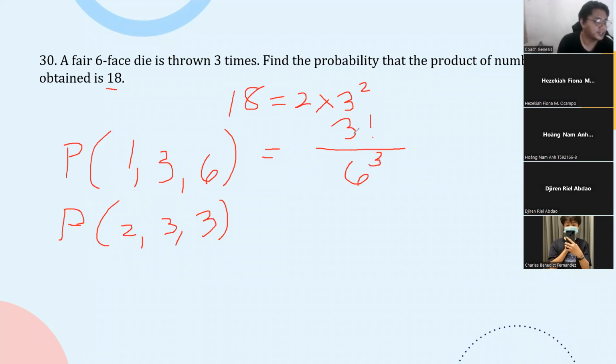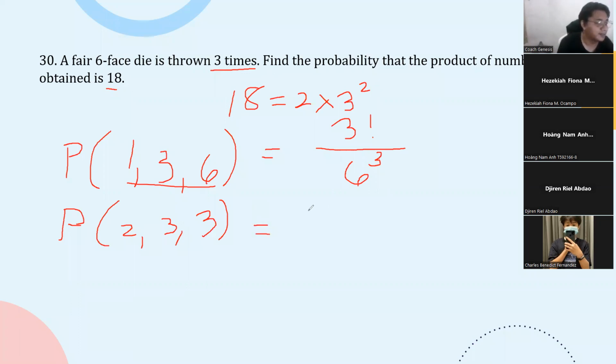Now the reason for this is we have 3 factorial ways to arrange 1, 3, and 6, and the denominator is just 6 cubed because a six-faced die thrown 3 times, you have 6 times 6 times 6, right?